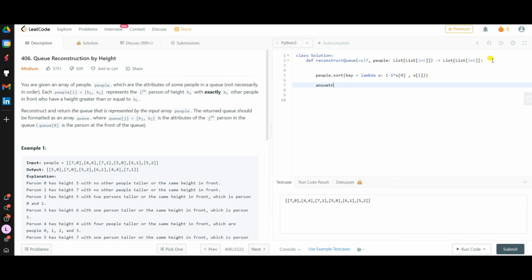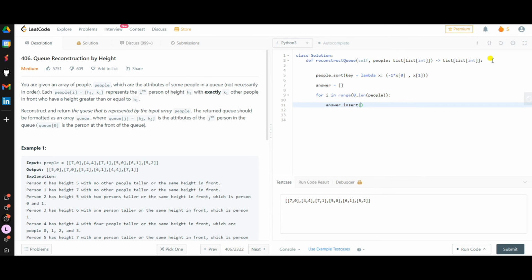Once that is done, I'll initialize an answer array, and then I'll go through the input array, for i in range 0 to length of people, answer dot insert.